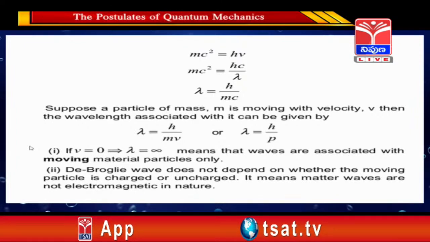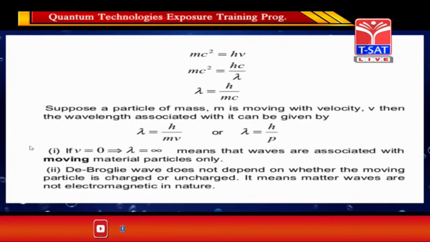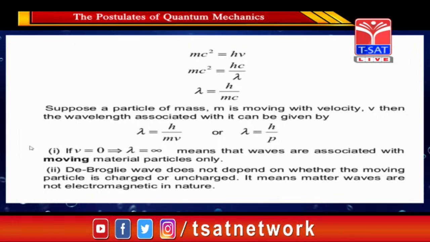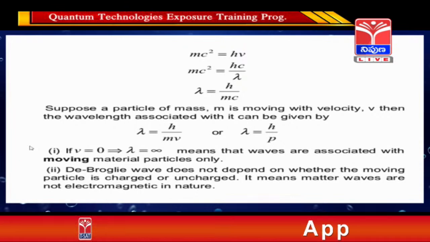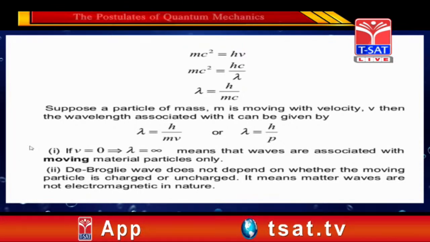But only for subatomic particles, which are minuscule, whose masses are very small, just like electrons, whose mass is of the order of 10 to the power minus 31 kg.